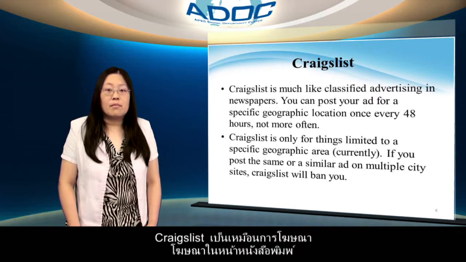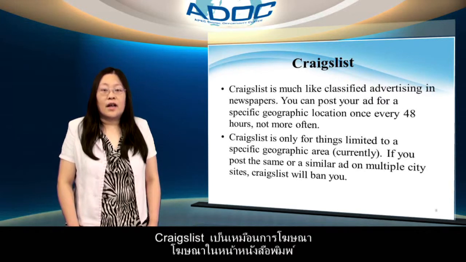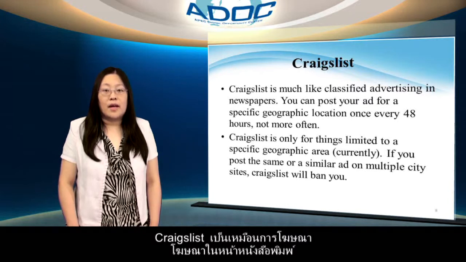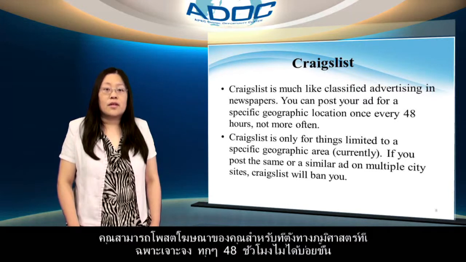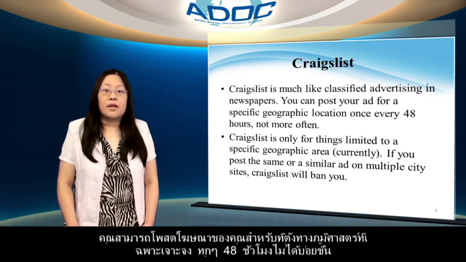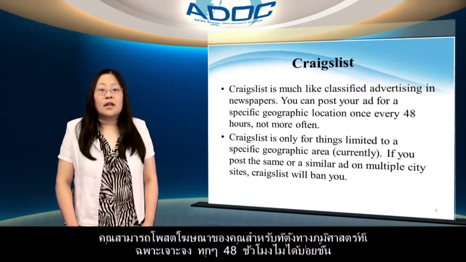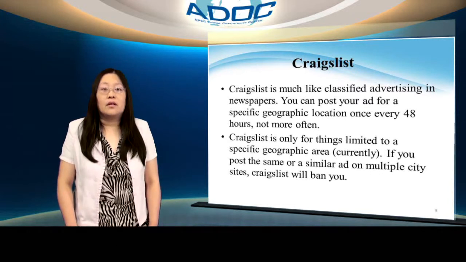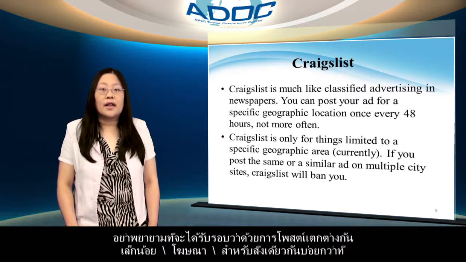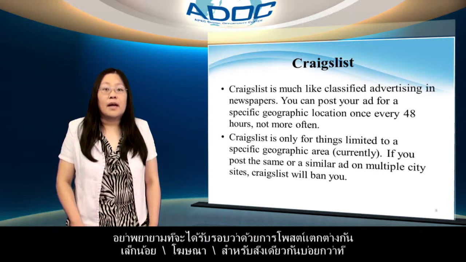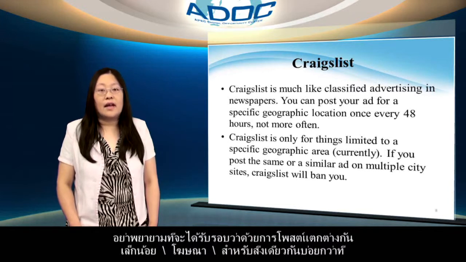Craigslist is much like classified advertising in newspapers. You can post your ad for a specific geographic location once every 48 hours, not more often. Don't try to get around that by posting slightly different ads for the same things more often than that.